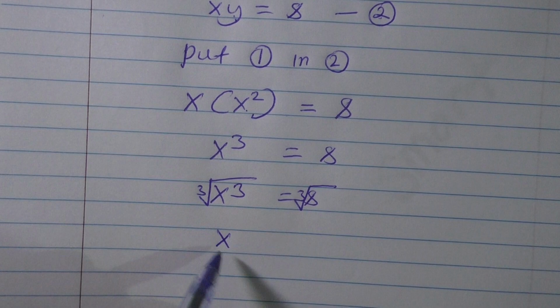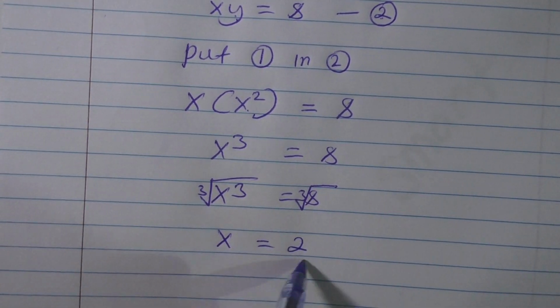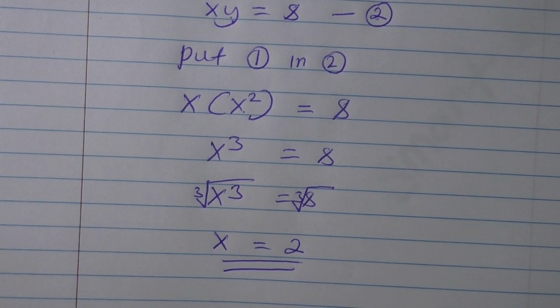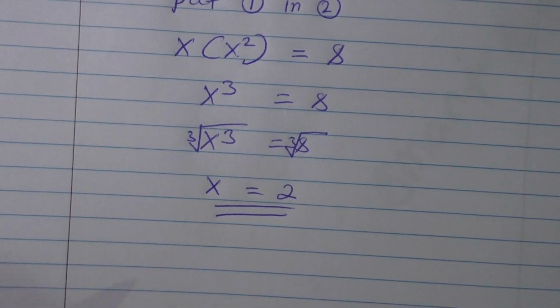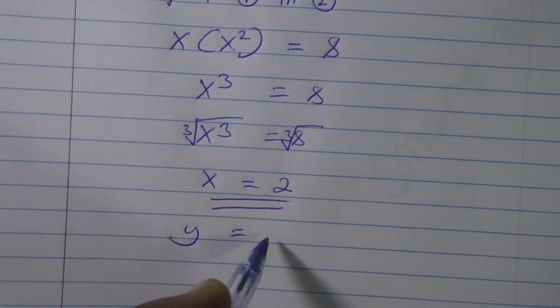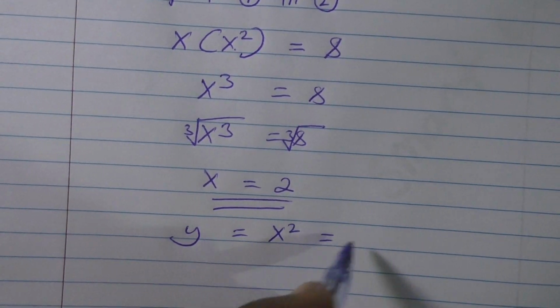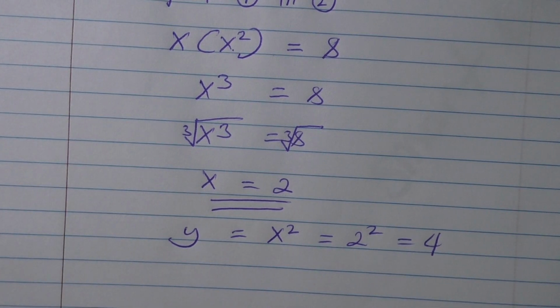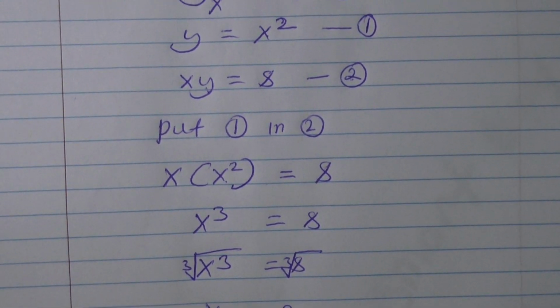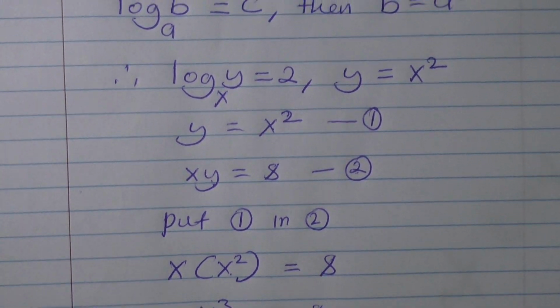So that gets us x as 2. And since they only wanted the value of x, we have it. Otherwise, we can also get y, whereby y was x squared, which is 2 squared, to give us 4. That is how we shall simply solve that problem.